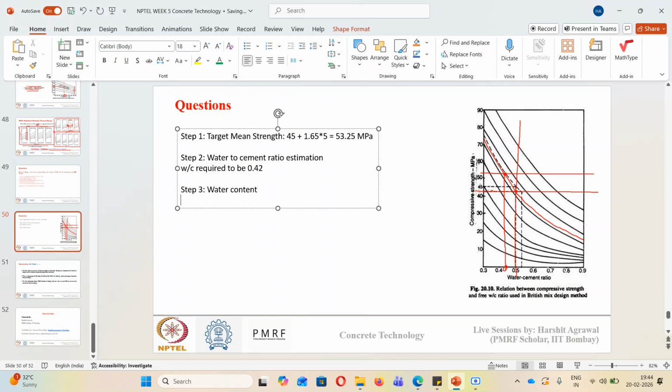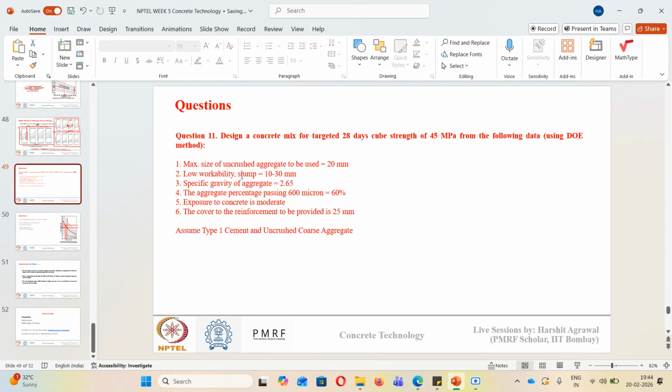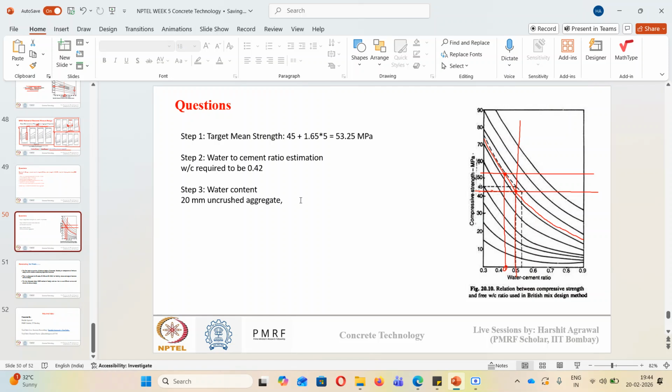So we know we have 20 mm uncrushed aggregates, and the question has given that we need a low workability slump, we need 10 to 30.